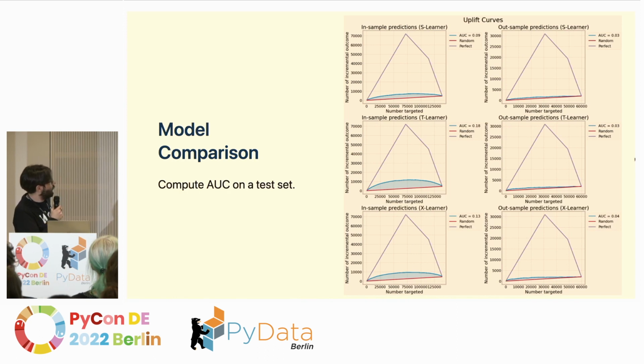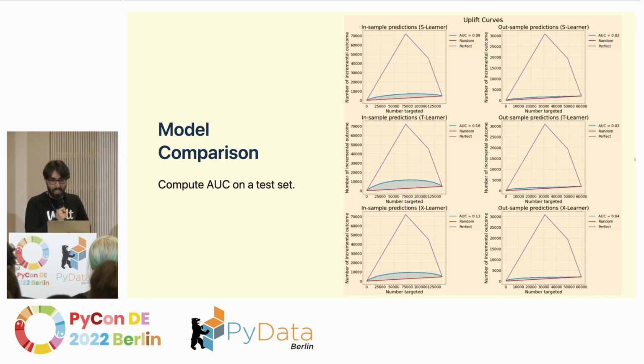So notice, for example, that in this specific case, the T learner was best on the training set, but actually the X learner was a little bit better on the test. And I think this has something to do with the fact that the T learner might be capturing just a lot of noise when it's taking these two differences, whereas the X learner is really trying to combine the treatment and the control groups in a more efficient way.